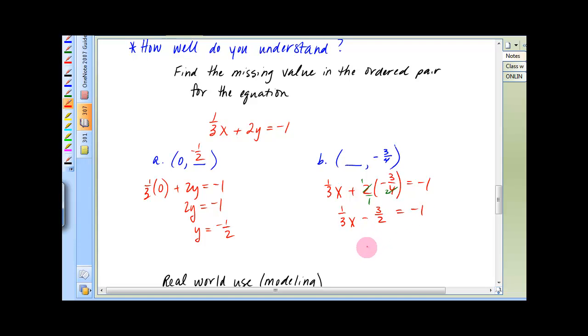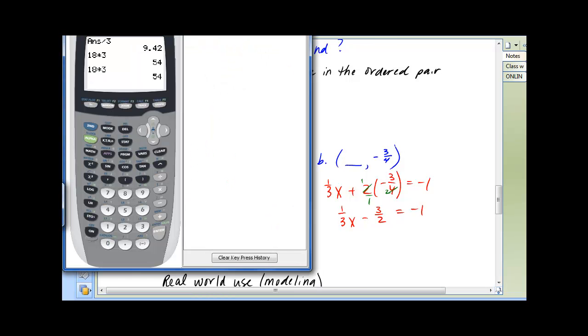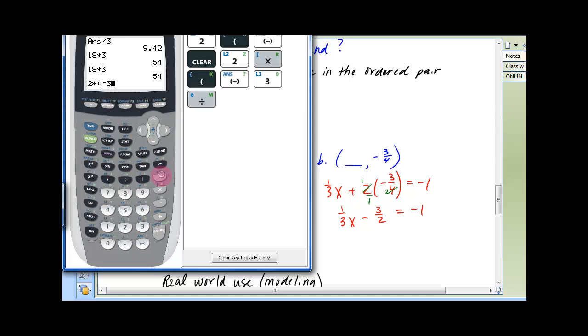You can do this on your calculator. In fact, let's try that. We'll go back and do this problem on my calculator. I'm going to put 2 times, I don't know that it matters, -3 over 4 in parentheses.